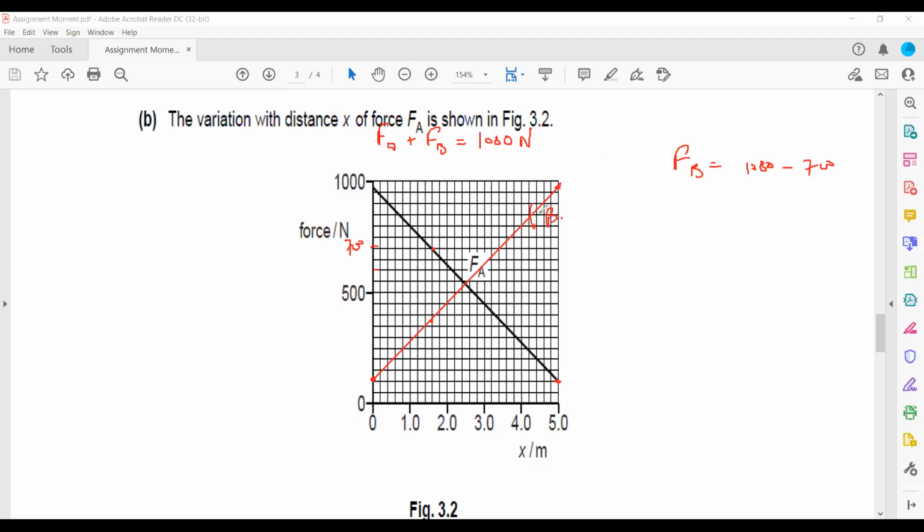Is it clear how we complete the graph for showing the variation of FB? Because the sum of FA and FB should be 1080, so for all the points, the sum should be 1080. Any doubt in this part?